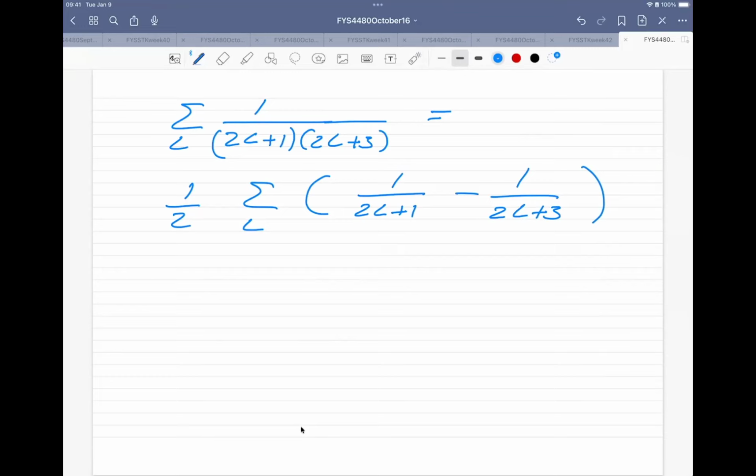I get a factor of 2, but then I have a factor of 1/2 here, and then I'm back to 1 here. Okay? So you get 2L plus 3 minus 2L plus 1. That gives a factor of 2, which is then taken away by that one.